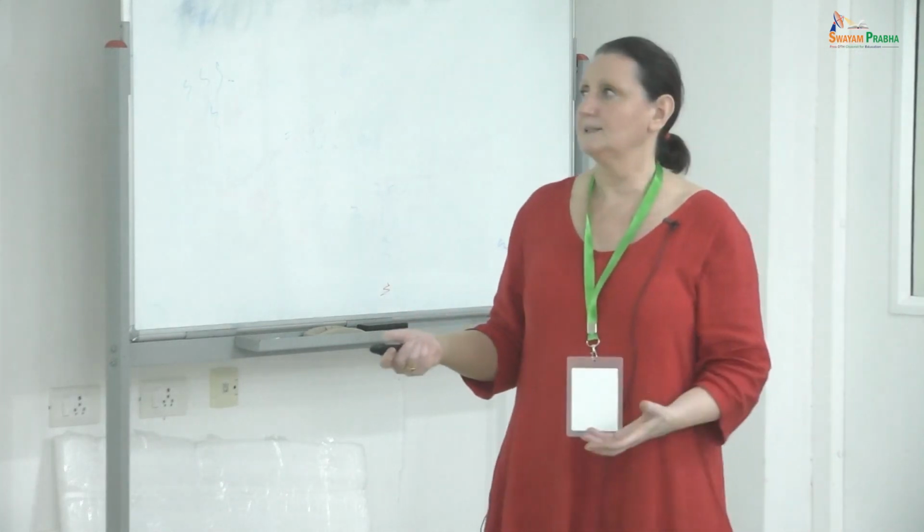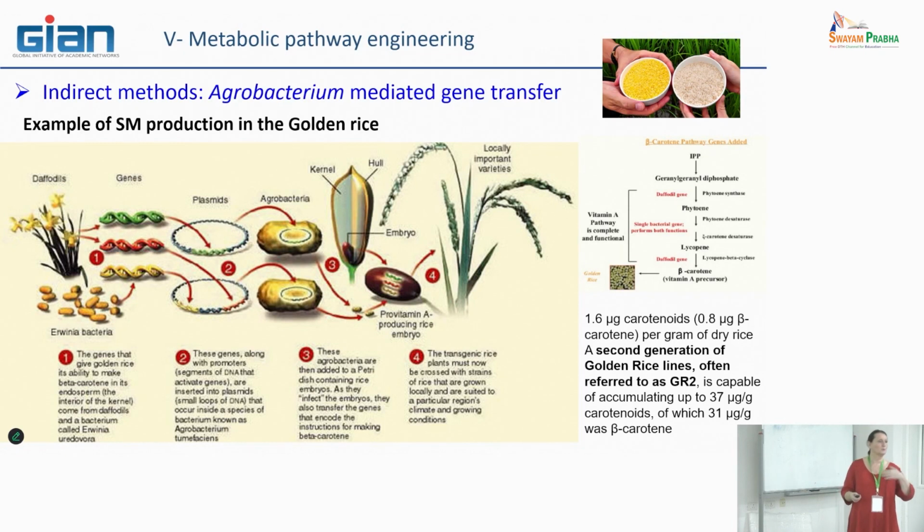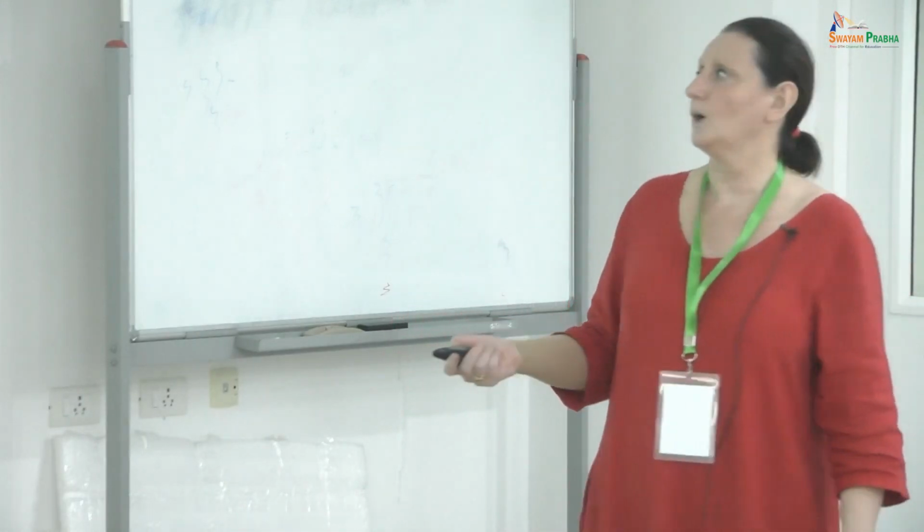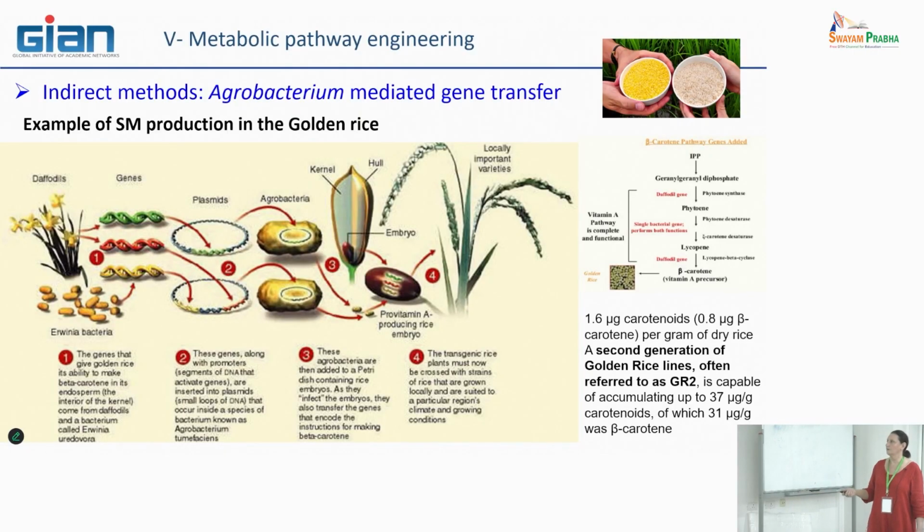And from these cells, they produced some callus, and from this callus, they regenerated plants, and they obtained several plants of rice that, for some of them, not all, were able to produce beta-carotene, and it was easy to see because the color of the rice is more golden than the normal one. This is why it has also been named golden rice.